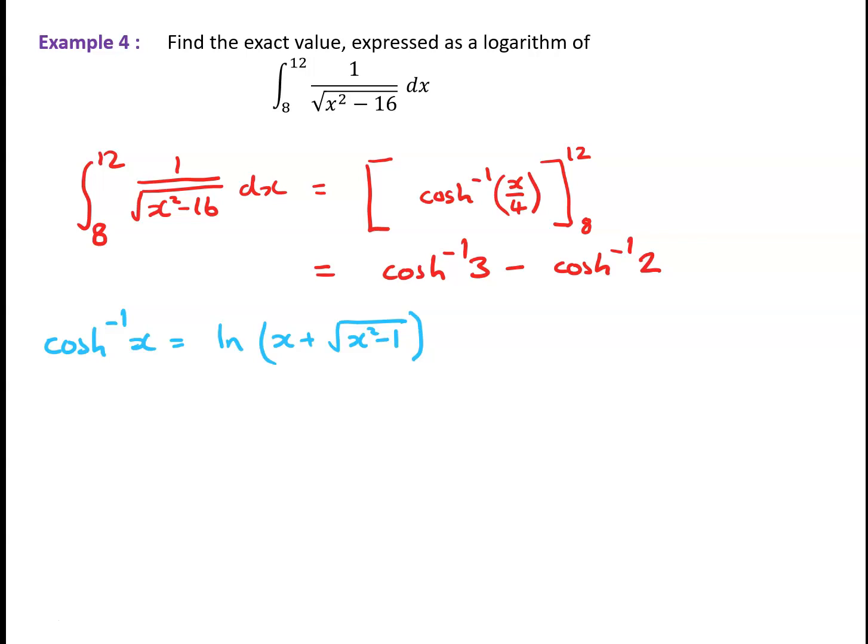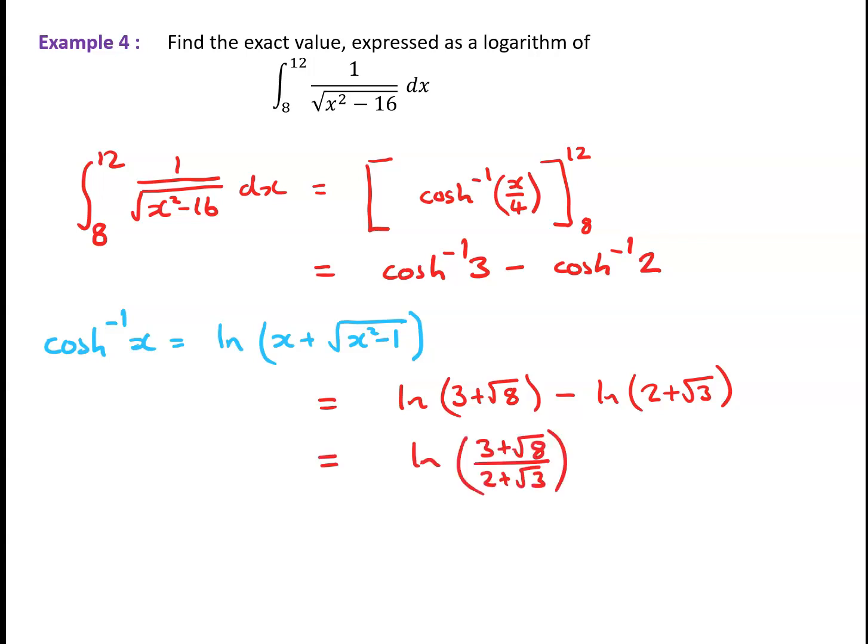So that is going to be the logarithm of 3 plus root 8. Similarly, cosh to the minus 1 of 2 is going to be the logarithm of 2 plus root 3. So our final answer can be written as the logarithm of 3 plus root 8 divided by 2 plus root 3.